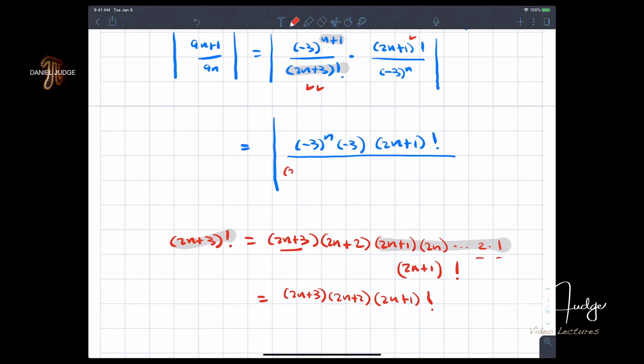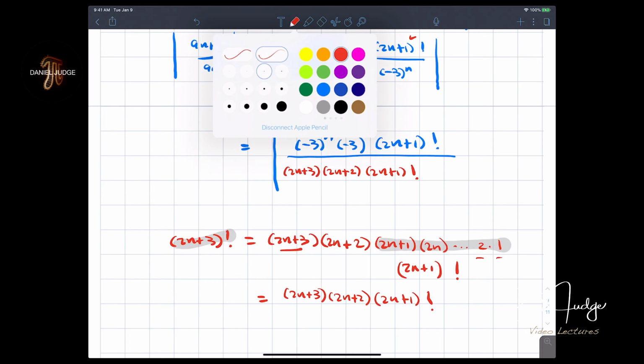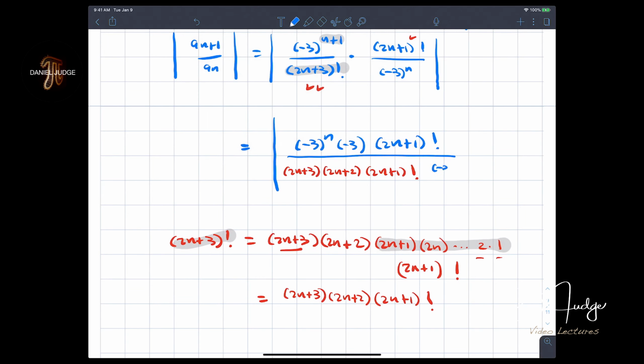So you have (2n plus 3) times (2n plus 2) times (2n plus 1) factorial, and then don't forget you had the negative 3 to the n down there.